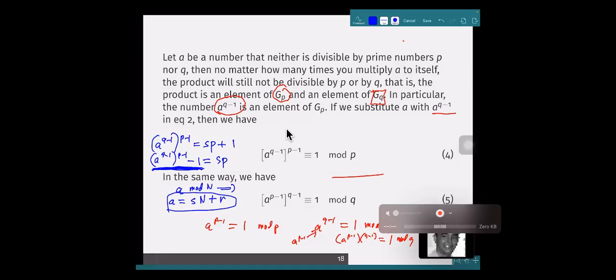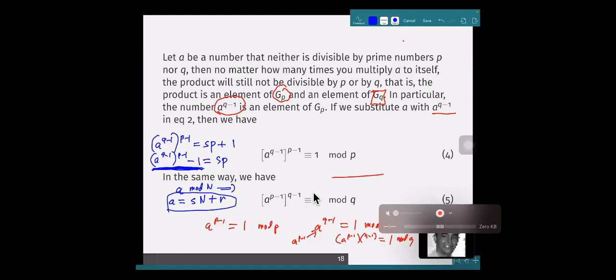Now guys, if you take a look at equation number 5, you can also write it like this. It's similar, except that p becomes this one here.